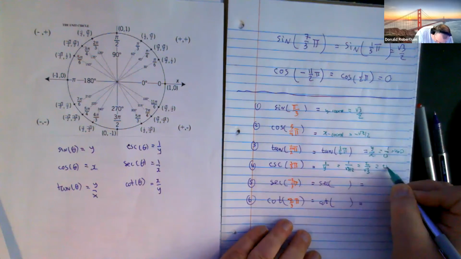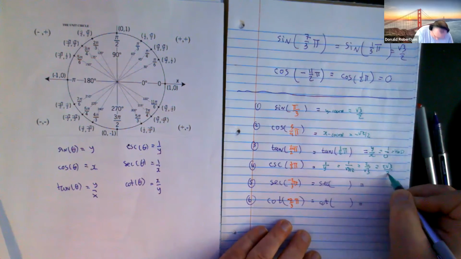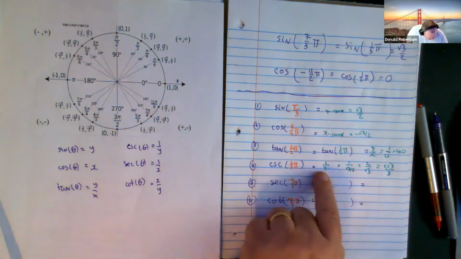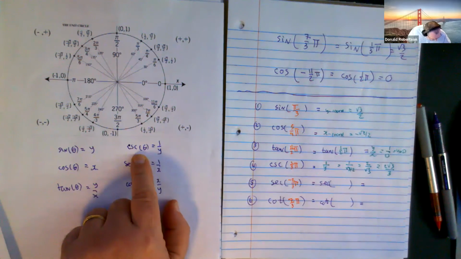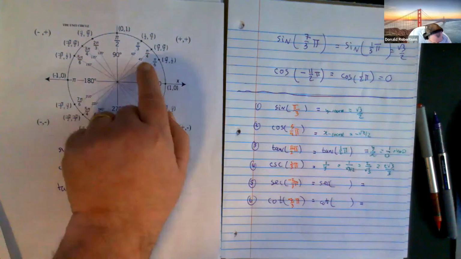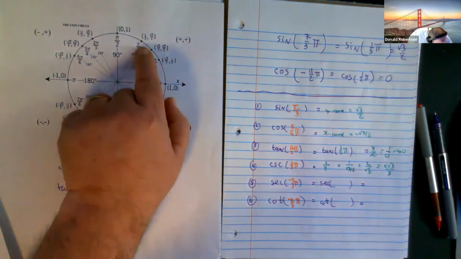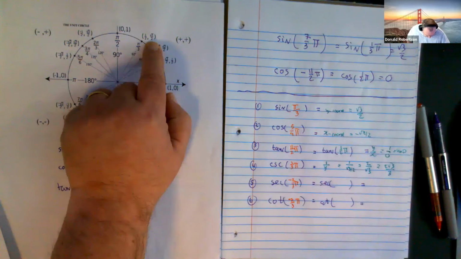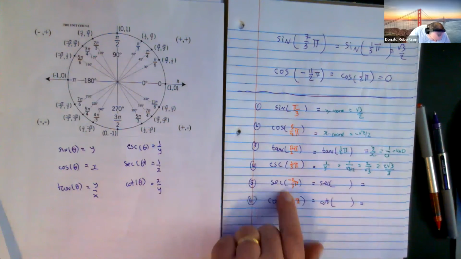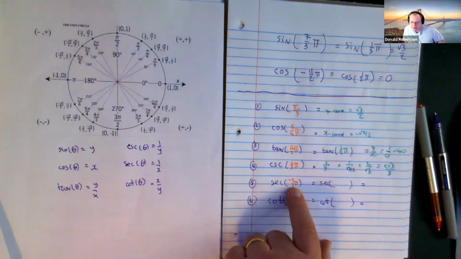And then I hope you had enough time, although you might not, that you made it look pretty. So cosecant is 1 over the y coordinate, 1/3 pi, 1 over √3 gets you that, and it becomes this.